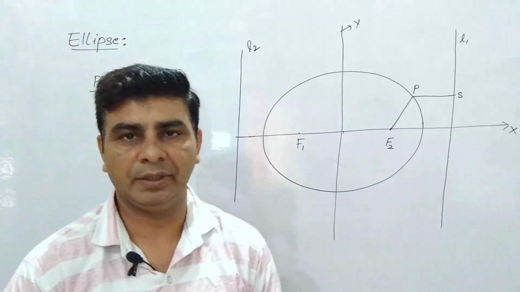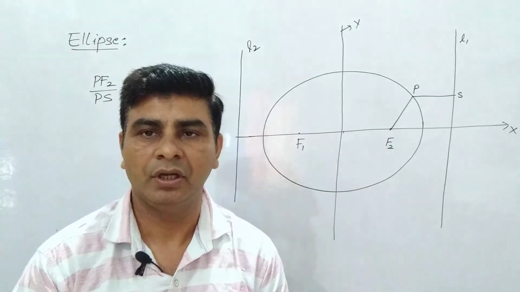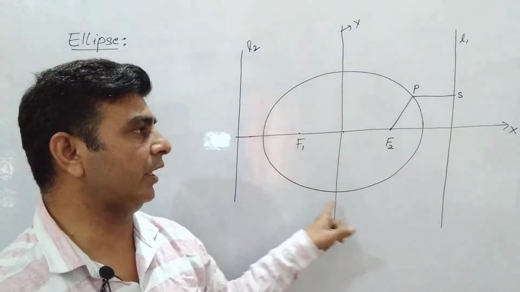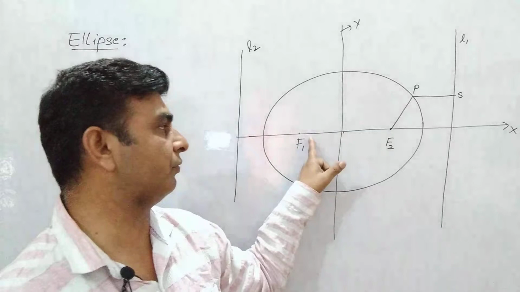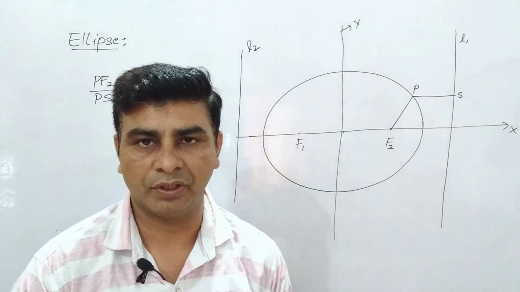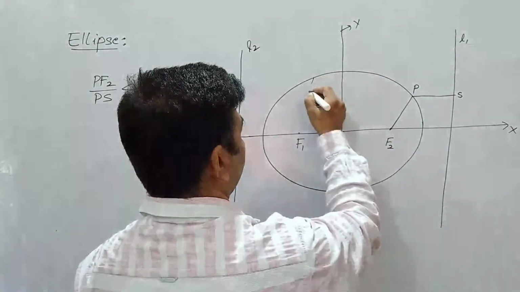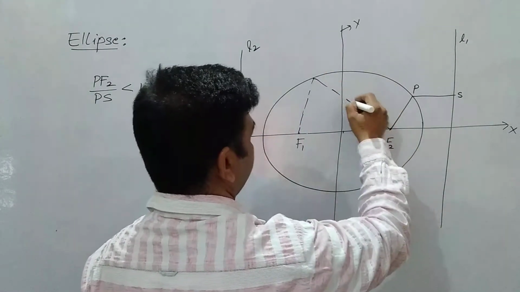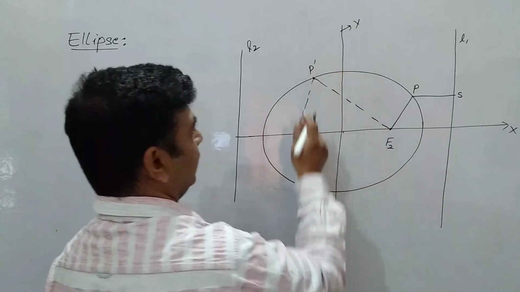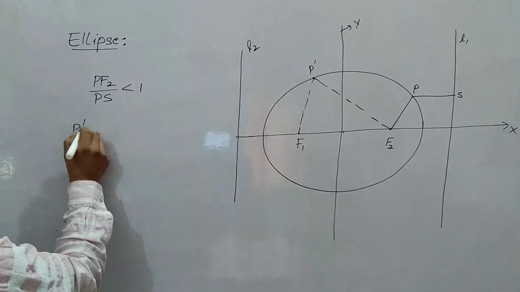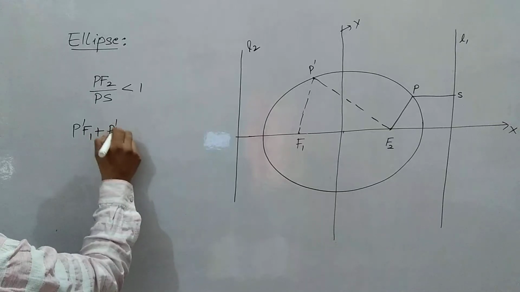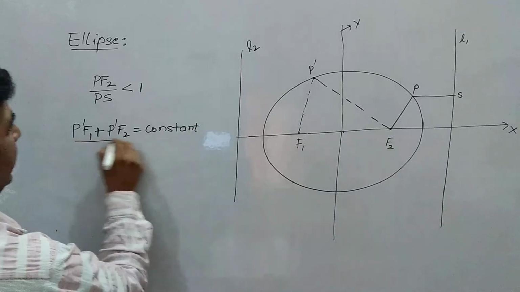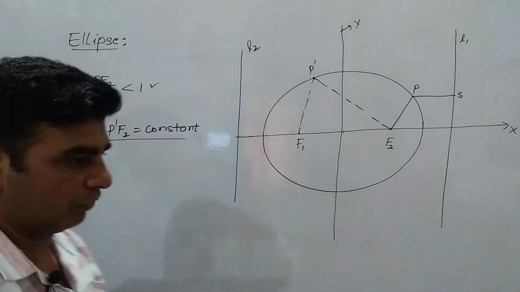There is one more definition of the ellipse: the locus of all those points, the sum of the distances from the two fixed points is a constant. It will be like this: if this is the point P dash, then P dash F1 plus P dash F2 should be a constant. So this is another definition of the ellipse.